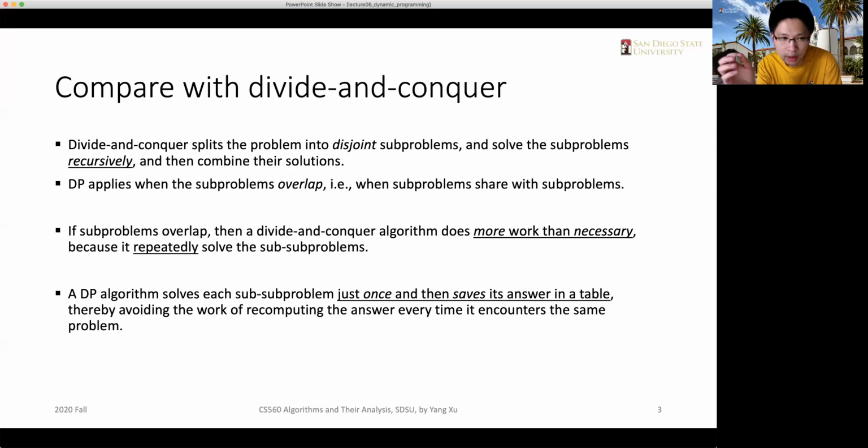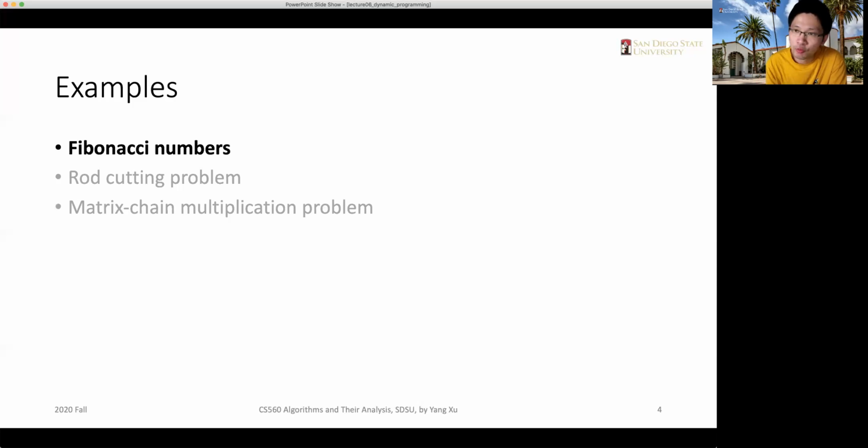So that's why we call it a tabular method. The table is used to save the solutions to all the sub-problems. Okay, so these are a little bit abstract, higher level introduction to the algorithm.